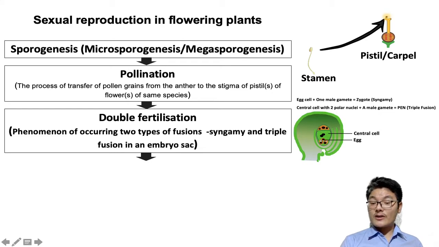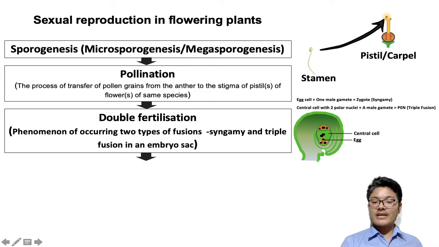So the central cell having two nuclei will fuse with another male gamete which is released within the pollen tube once the pollen starts germinating. So in a way there is formation of PEN. PEN has three nuclei. So that's why the term triple fusion is given.